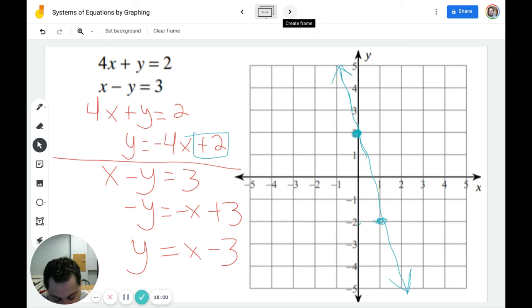So I have a -3 y-intercept. And then I'm going to go up 1 and to the right 1. Get the trend of the graph. And then we just draw the line in.